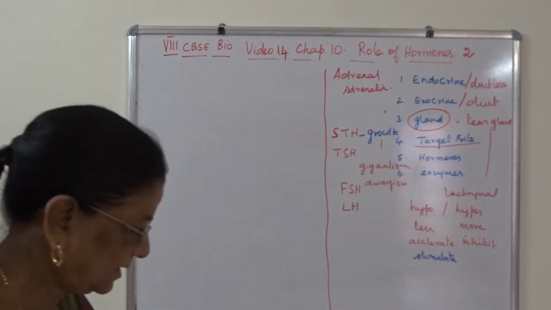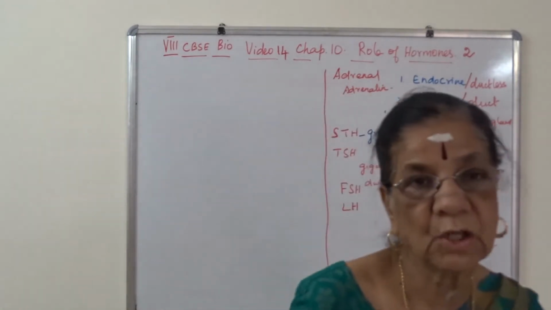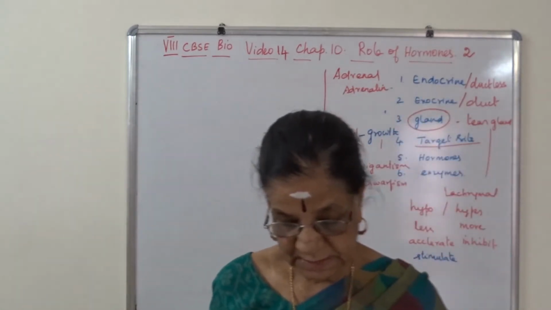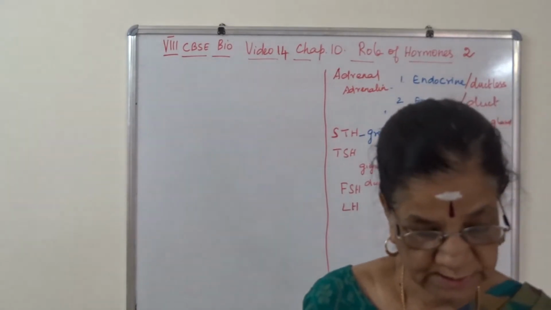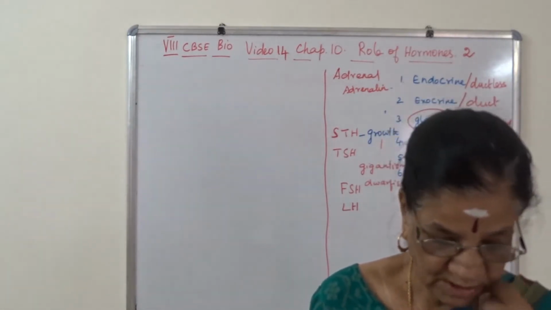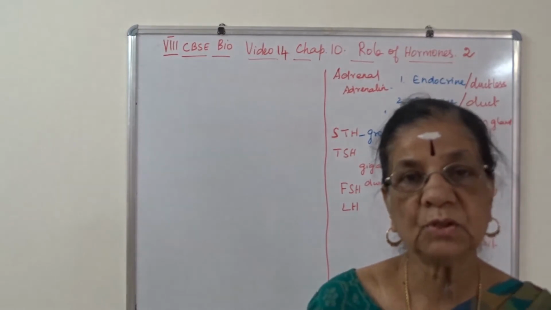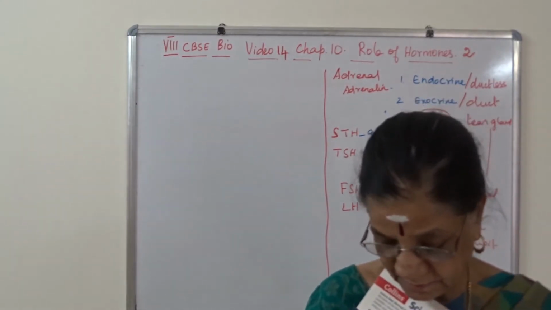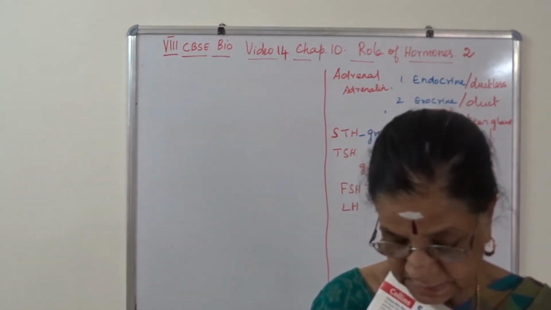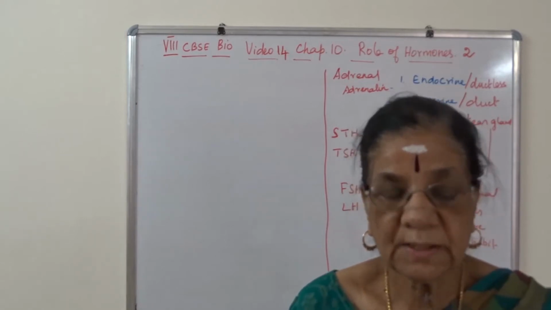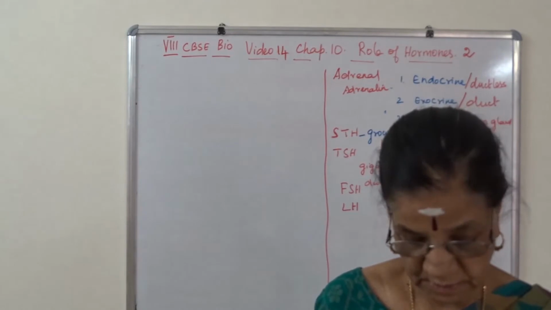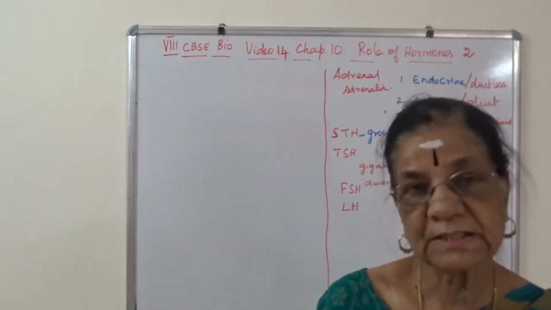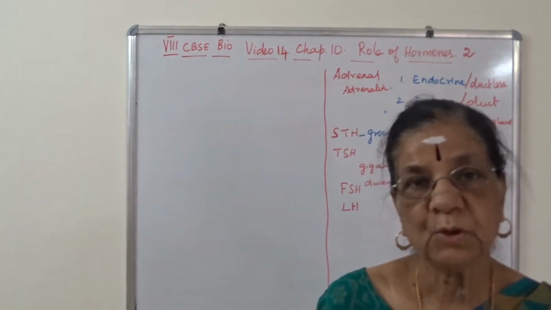Now the adrenal glands are triangular in shape and situated on the top of the two kidneys. They secrete a hormone called adrenaline, which prepares the body for action during the time of stress.